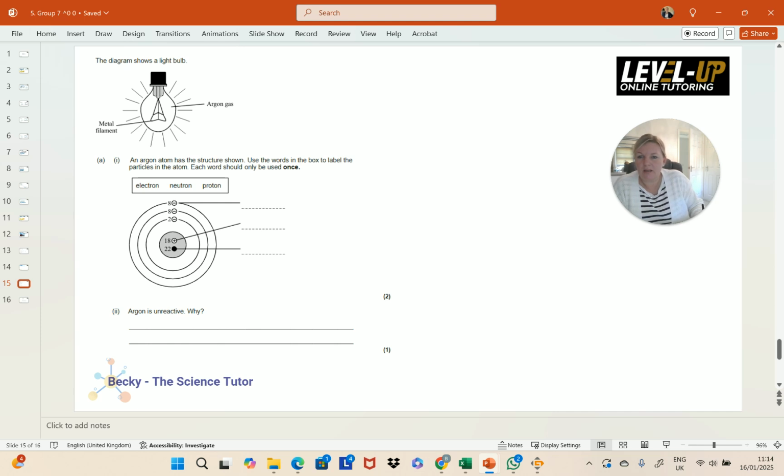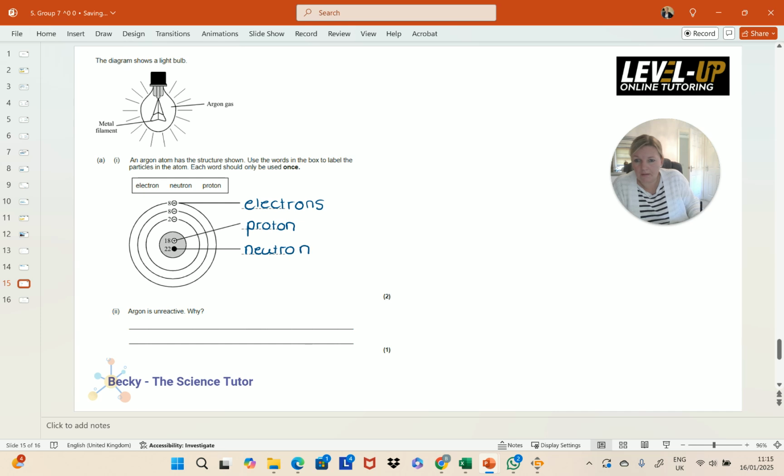So on the outside we've got 2, 8 and 8. These are the electrons. We've got 18 with a plus sign in there, positive protons. And then the ones that are often shaded in, haven't got a symbol in them because they have no charge, they are neutral, is a neutron.